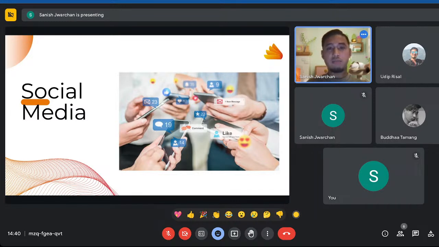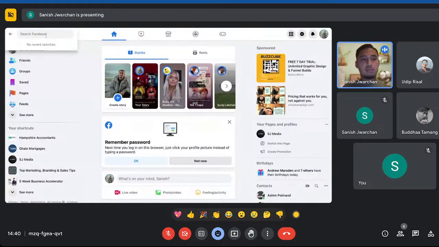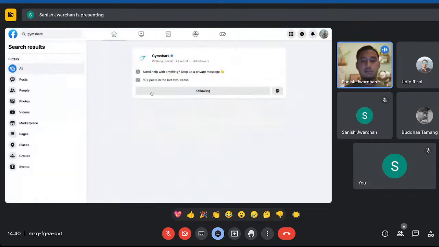This can be done. Another thing you can do is look into competitor ads, okay? So if I quickly share my screen, for a clothing business, let's look at Gymshark, for example. You have your own fitness clothing brand, you don't know where to start, you're lost for ideas.